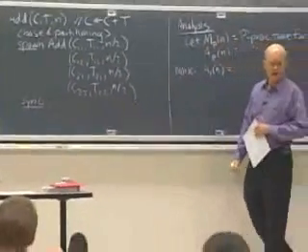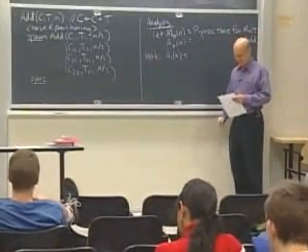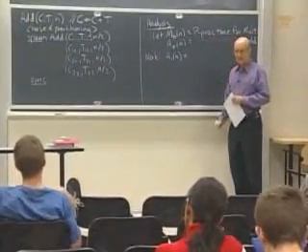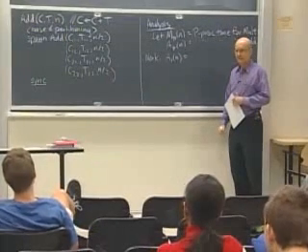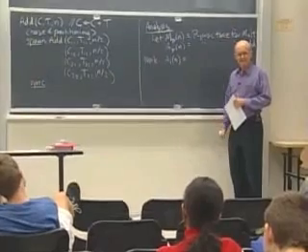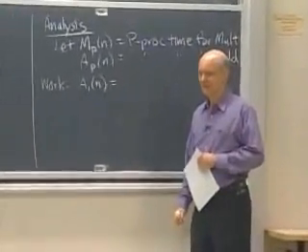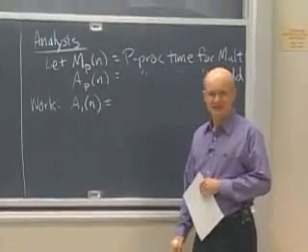What's the recurrence for understanding the running time of this code? Okay, this is lecture 1, actually. This is like lecture 2, or at worst, lecture 3.